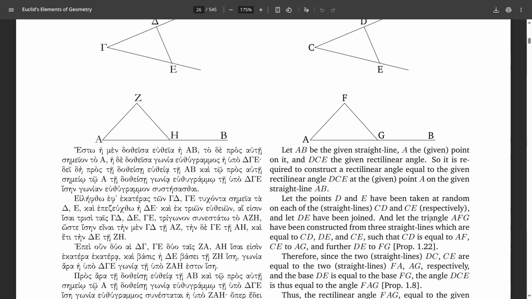Let the point A. So GD is equal to C. I don't know, let's just draw, I think that's equal.